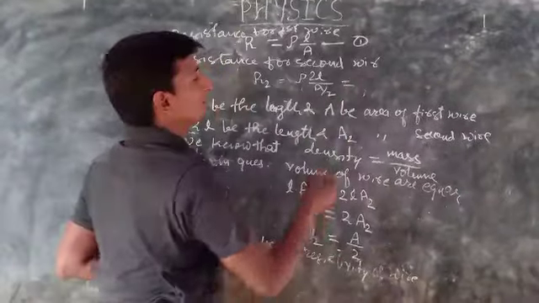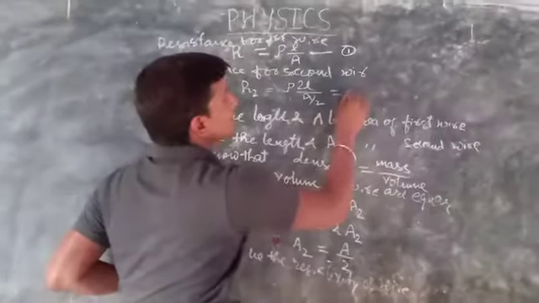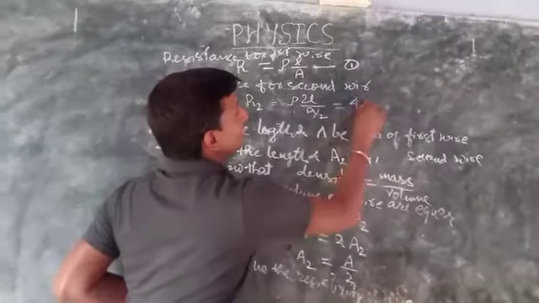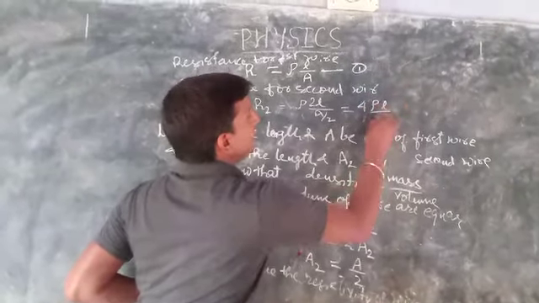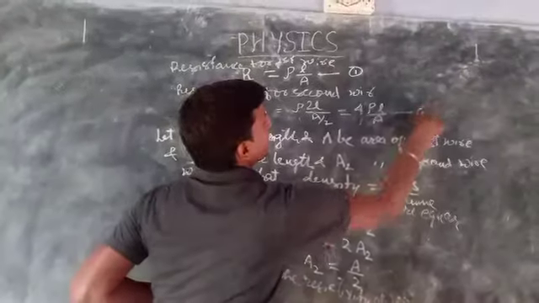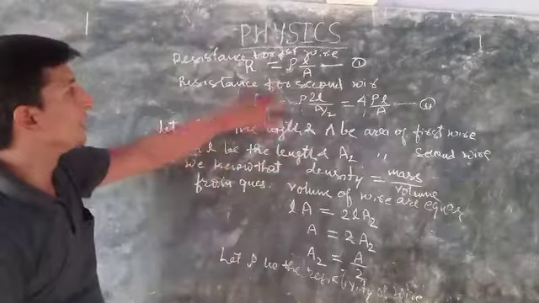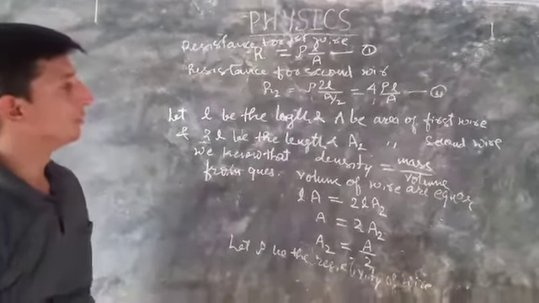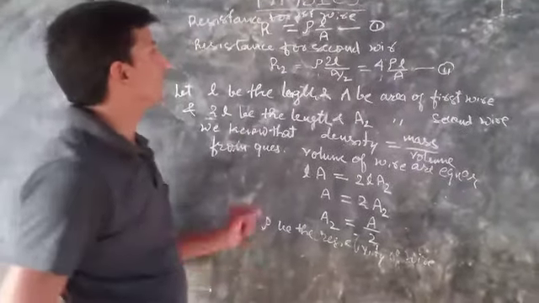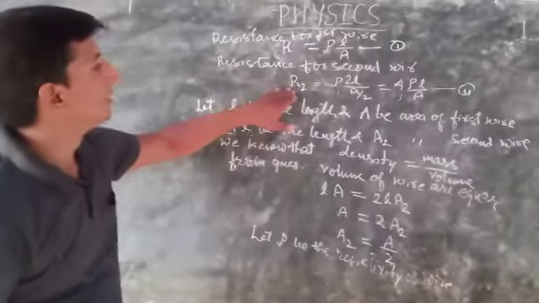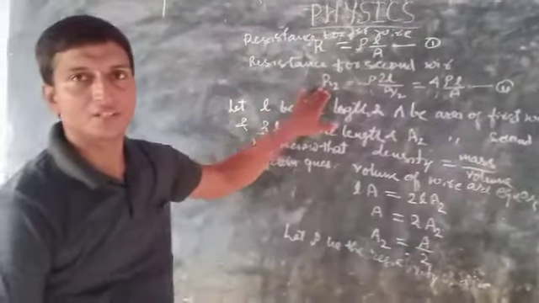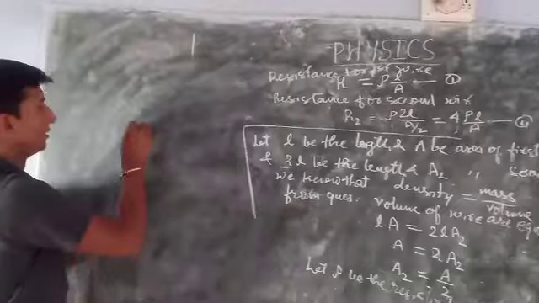As we solve this, it becomes 4 rho L by A, equation 2. Now equating these two equations, we can get the value of R2, that is resistance of second wire.